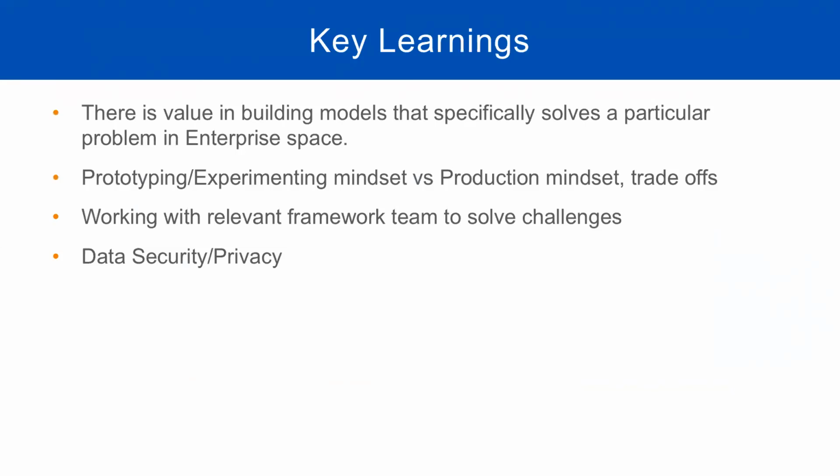There's a lot of value in building models specifically for your business use case, especially in the enterprise space where customers are paying for something, so they want the accuracy to be pretty high. If a generic solution solves it, great, good for you. In our case, that didn't work out. So we found that there was a lot of value in doing that.